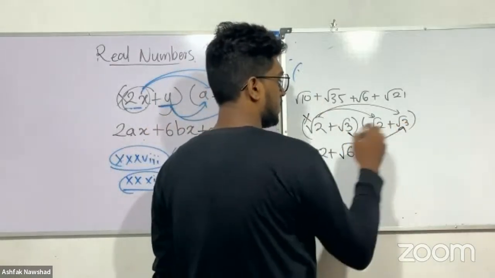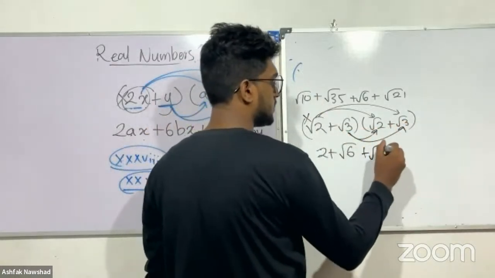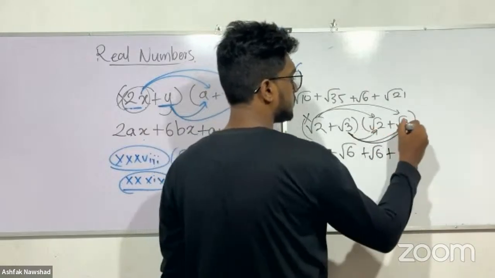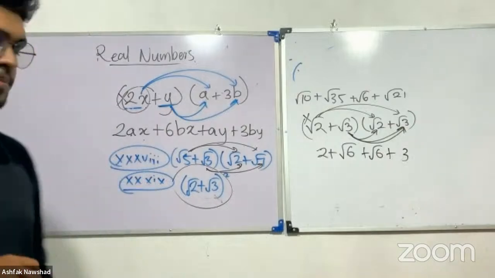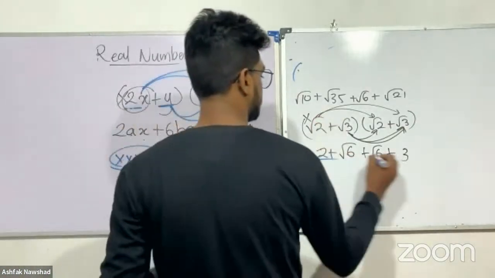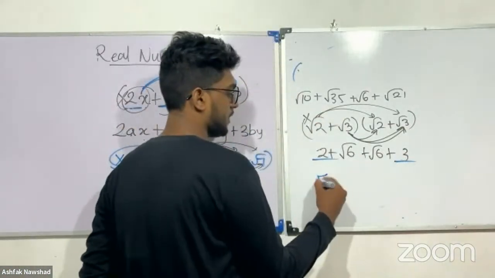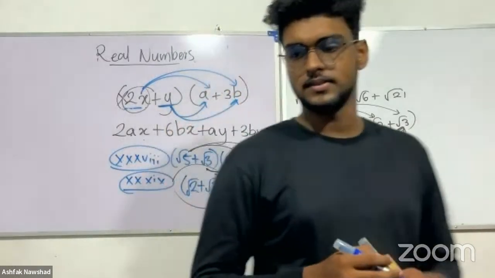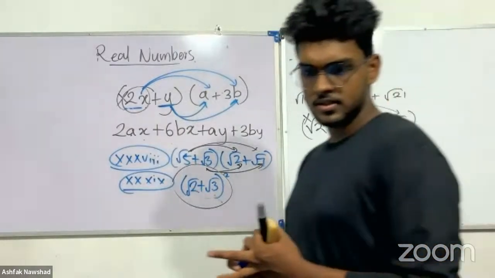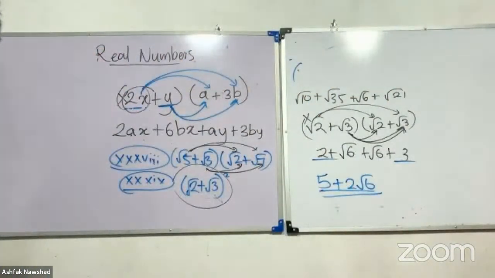Now root 3. Root 3 times root 2 is again root 6. Root 3 times root 3 is 3. Now we can add these. 2 plus 3 is 5. 5 plus 2 root 6 is the final answer. Okay. Yeah, good. No problem.